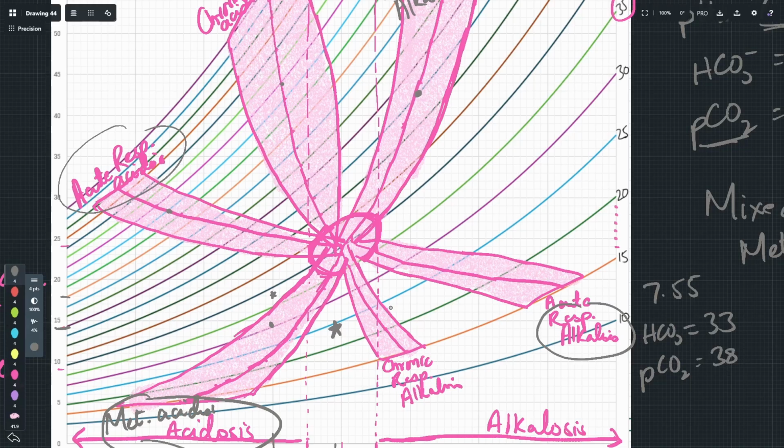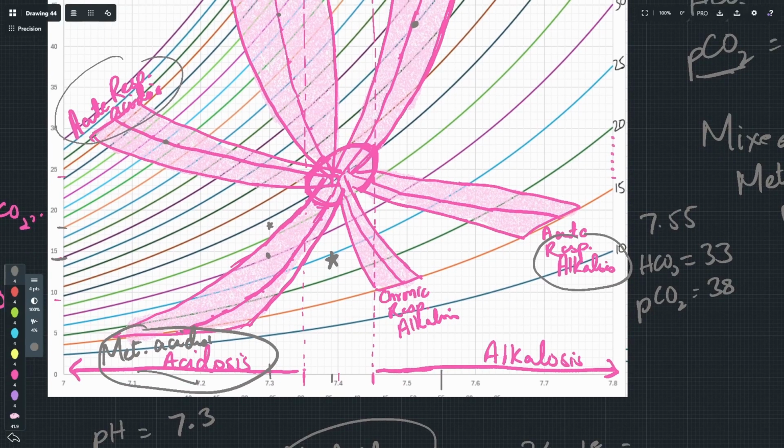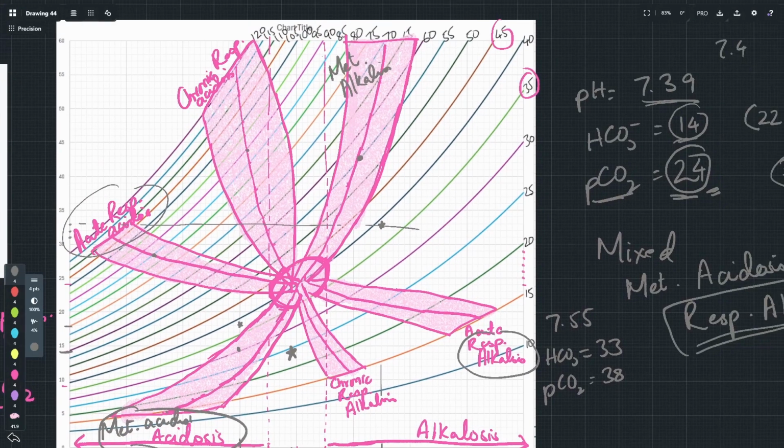It's 7.55, so somewhat here, and then what is the HCO3? 33. 33 would be 31, 32, 33. It would be here. We can follow this, and we can follow this one as well. So it is here. Now it is between the metabolic alkalosis and respiratory alkalosis.